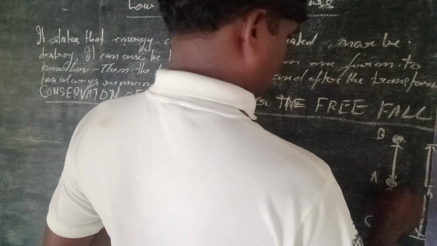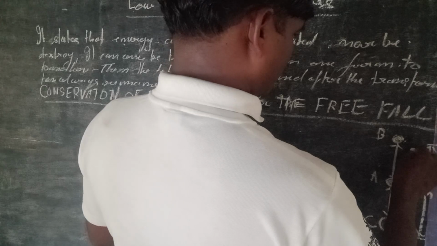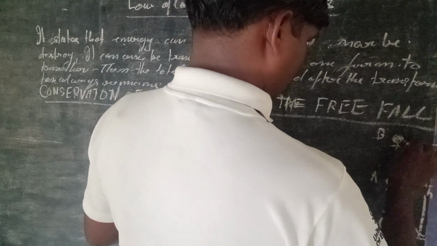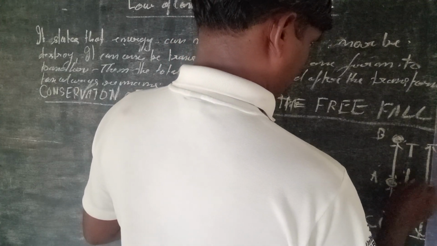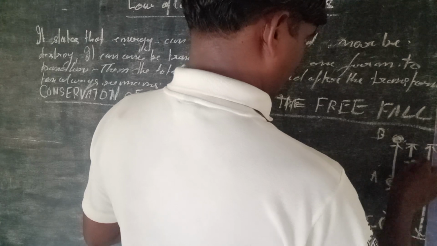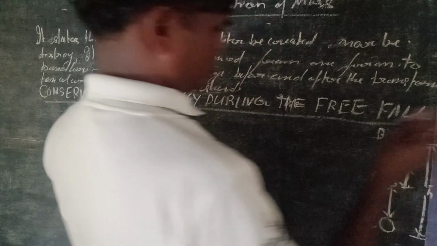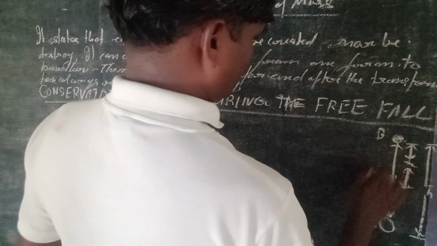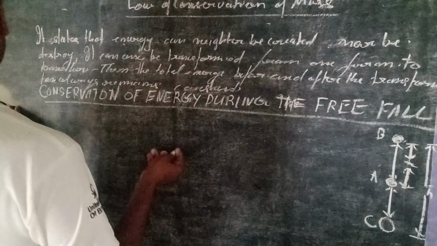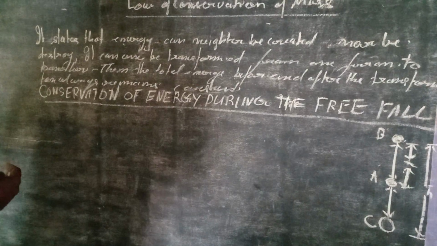Here is the A to B distance, then here is the distance h. So we will consider points B and A.